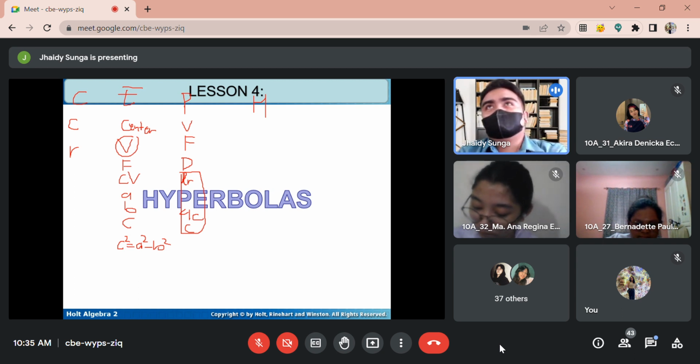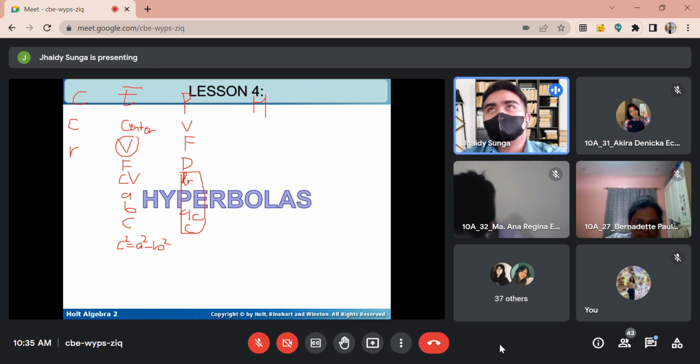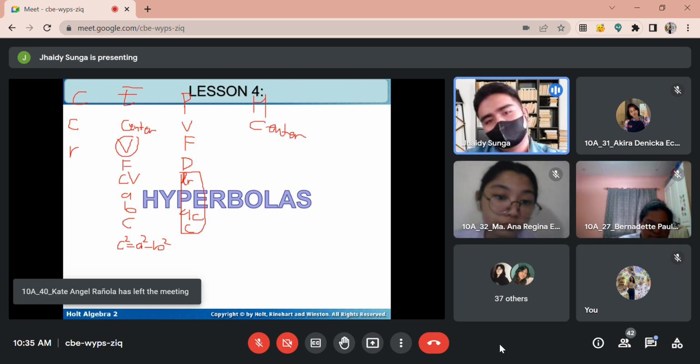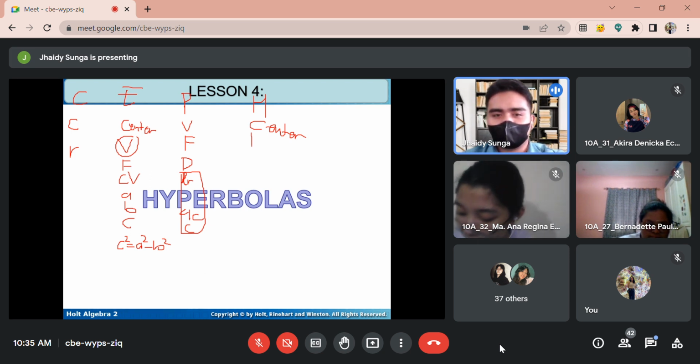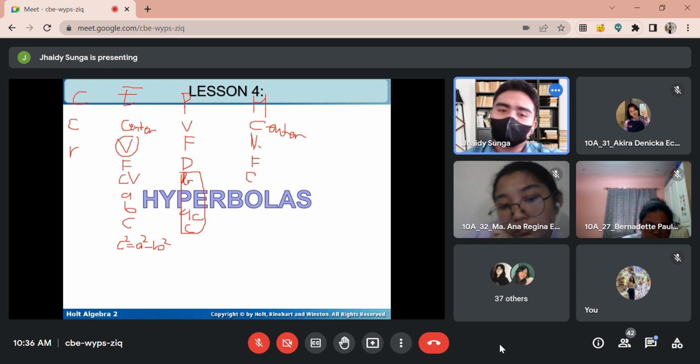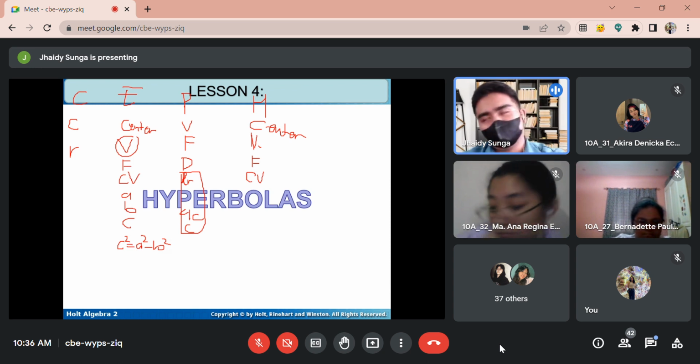So for your hyperbola, what you only need in here are the vertex. Let's put center. Center. Focus. Let's try vertices first. Vertices, focus. Okay, so let's try to put co-vertices. Co-vertices.